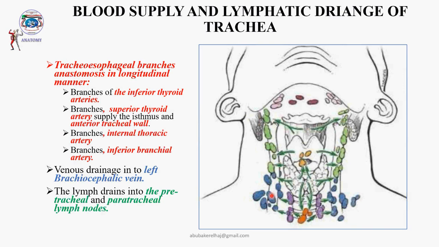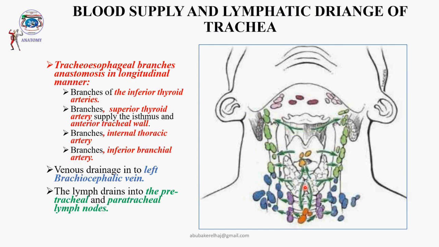We have branches from the inferior thyroid artery, and also branches from the superior thyroid artery to supply the isthmus and the anterior aspect of the trachea. And then we have branches from the internal thoracic artery near the level of the bifurcation, and specifically the inferior bronchial arteries, which ascend upward to supply the terminal end of the trachea, so that we have a network of arterial supply.